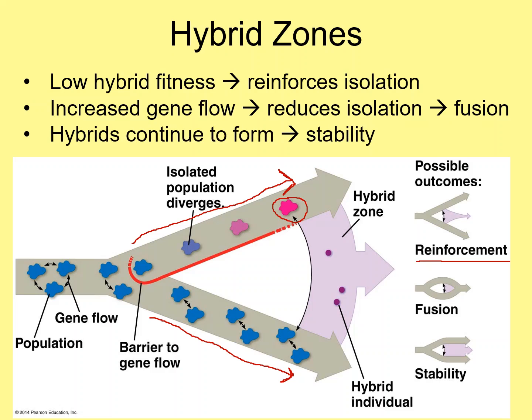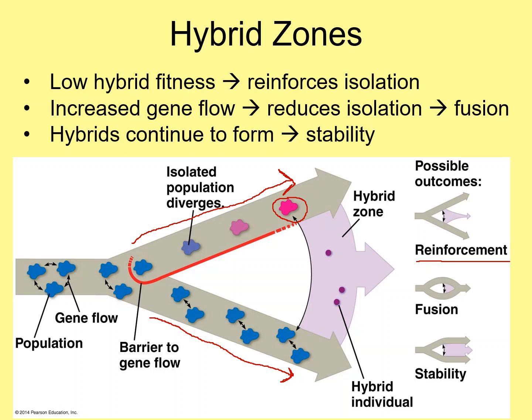What can also happen is that hybrids do continue to form, and you end up with a stable hybrid zone, right? Usually this is a low level of hybrid formation, and that's more common to be seen with hybrid breakdown, as we were talking about earlier.